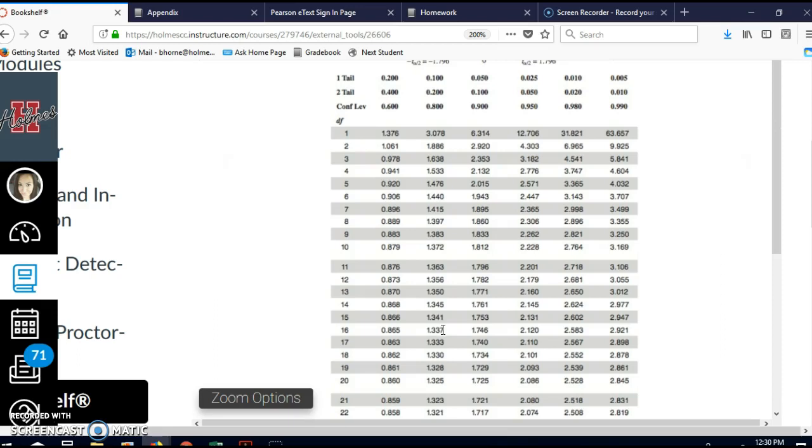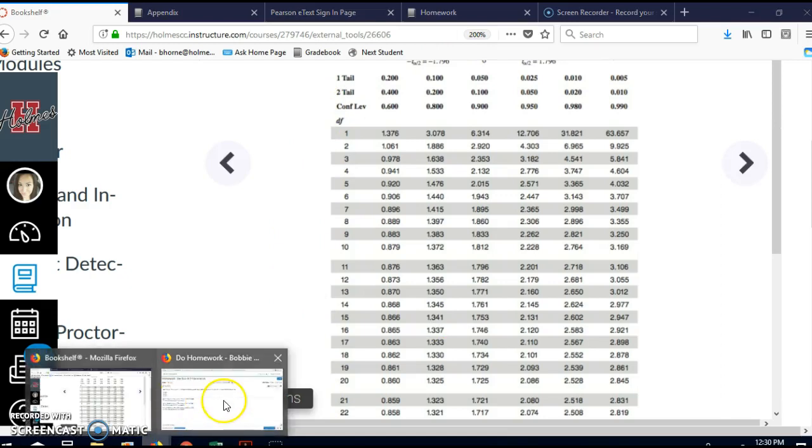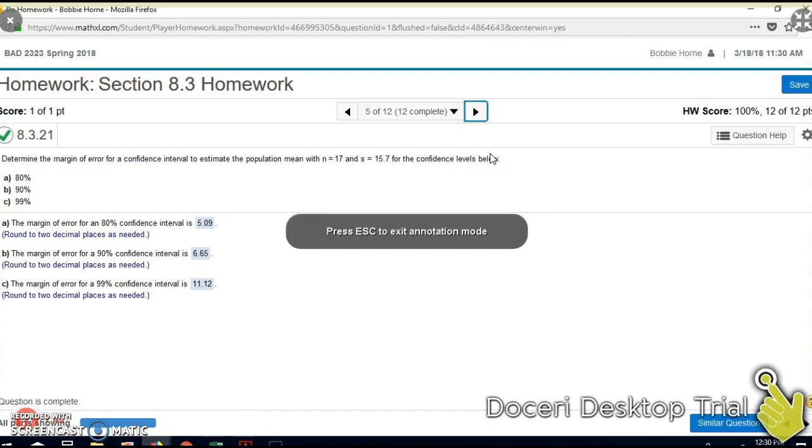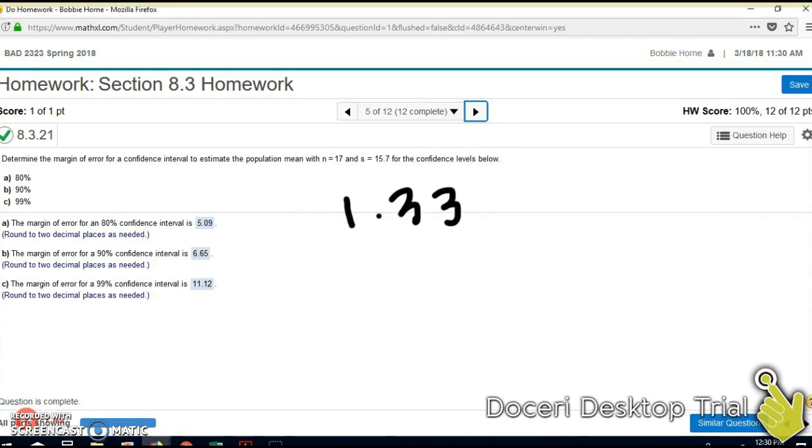Let me make sure that that is right. Yes, 1.337. Sorry, I had to find what problem I was on. So what we're going to do is 1.337.